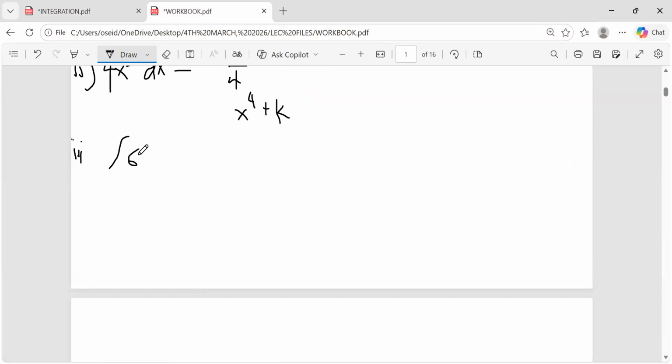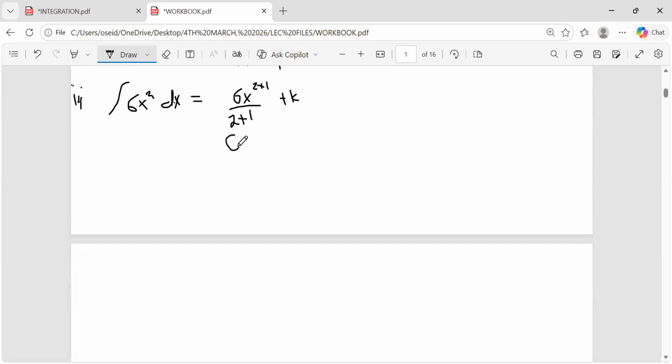Integral 6x squared dx equals 6x exponent 2 plus 1, all over 2 plus 1, plus k.